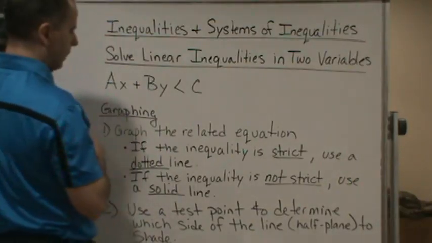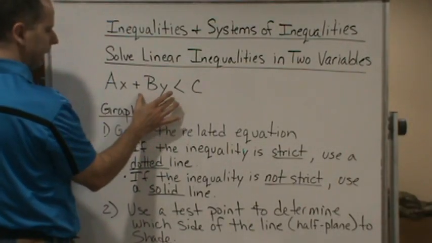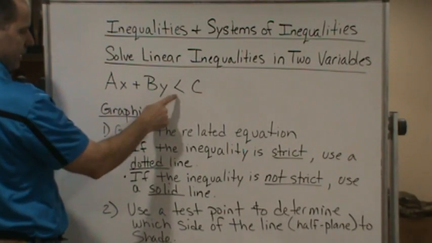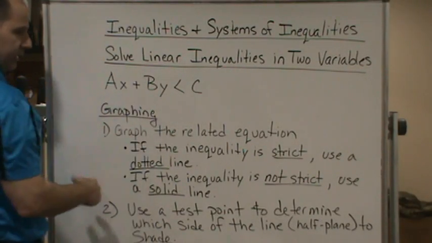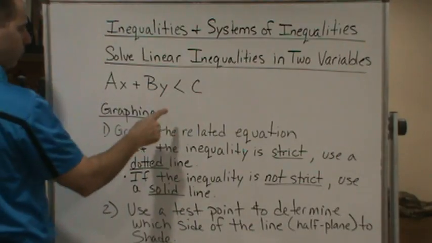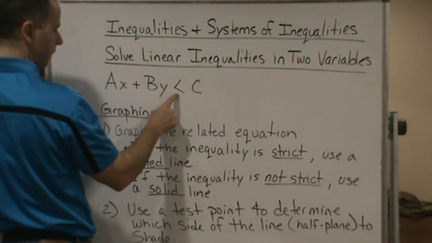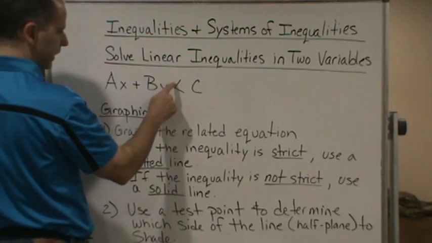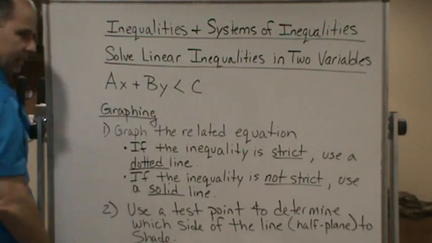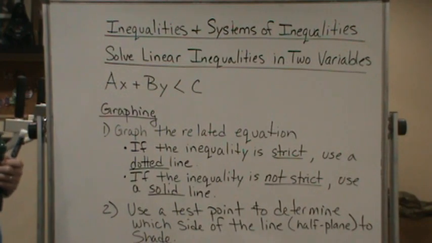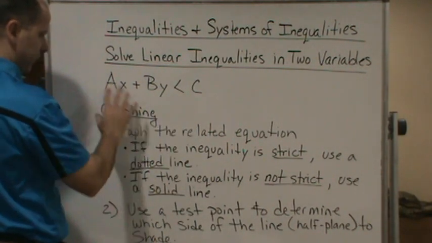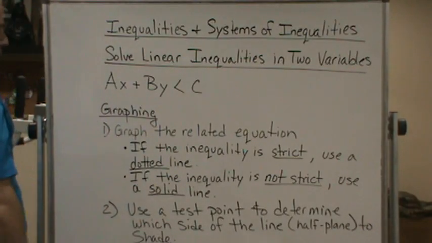This is called a linear inequality, and the only difference between this and a linear equation is that we have an inequality symbol here. We could replace this with any inequality symbol. It could be less than or equal to, greater than or equal to. The symbol can be replaced here, but this is what we would call a linear inequality.